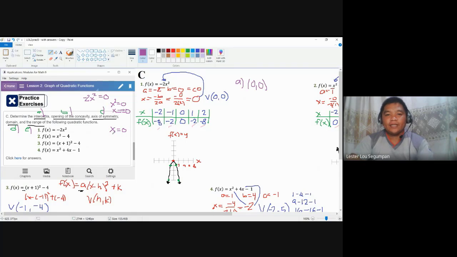This is also supported by the discriminant value, b squared minus 4ac, of the given function here, wherein we don't have the value for b, so that's 0 squared minus 4 times negative 2 times c, which is also nothing. So 0 squared is 0, minus the whole quantity here which is 0, equals 0, which again tells us that the roots here are equal and real.